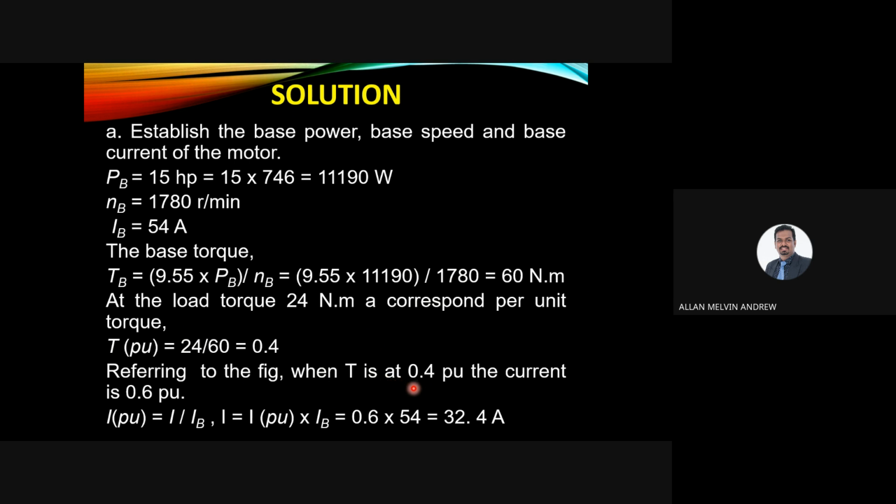So when T is 0.4 pu, the current is 0.6 pu. IPU equals I over IB, so I equals IPU times IB. So 0.6 times 54, where 54 is the base current, gives 32.4 ampere.